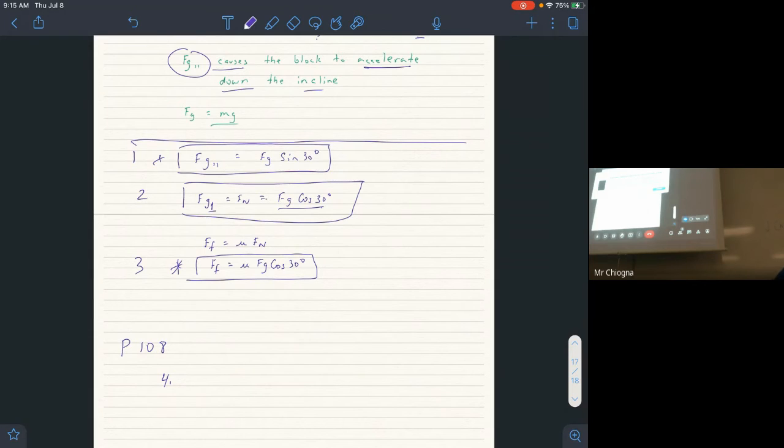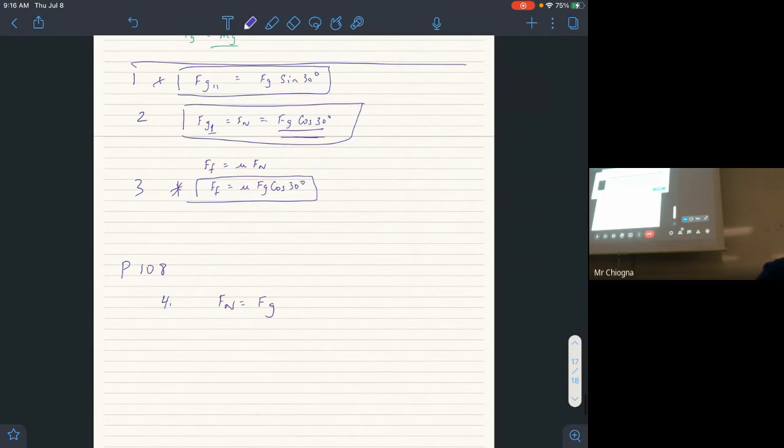Okay, let's go over 4. It says an object is at rest. What's the magnitude of the normal force? Normal force is just equal to this, Fg cos of the angle. In this case, the angle is 25. Fg is mg.